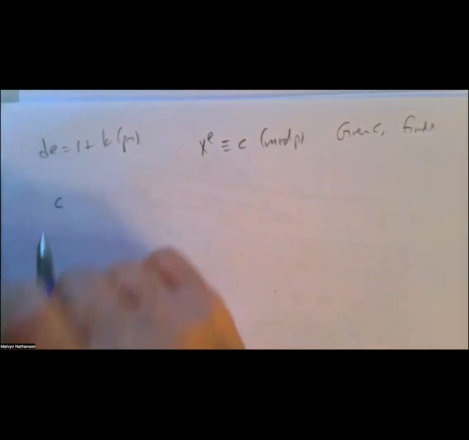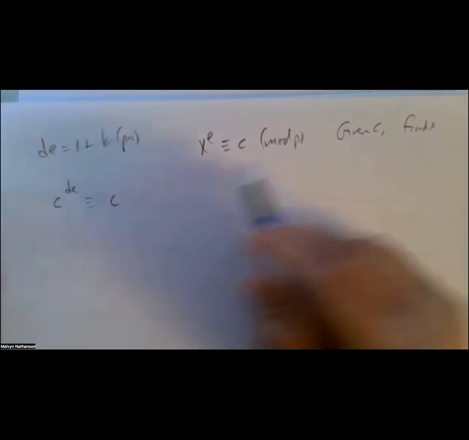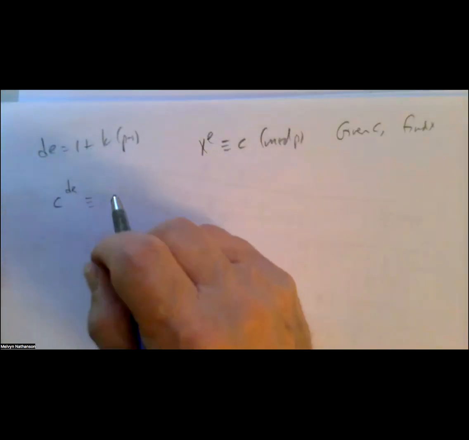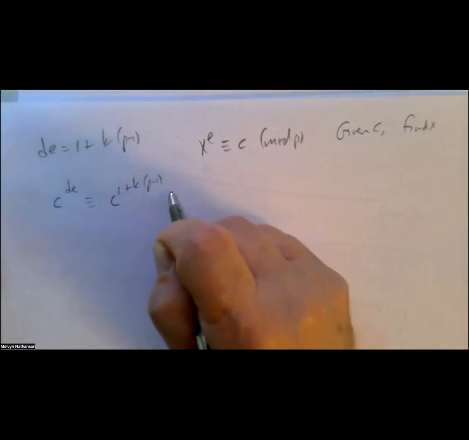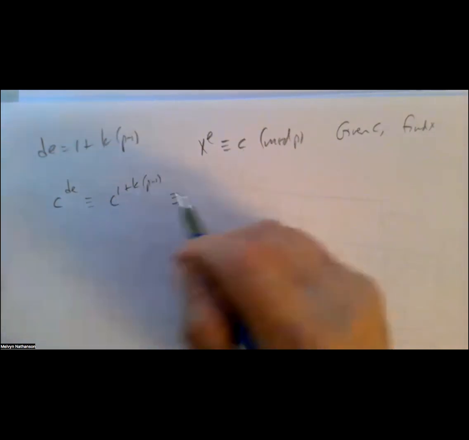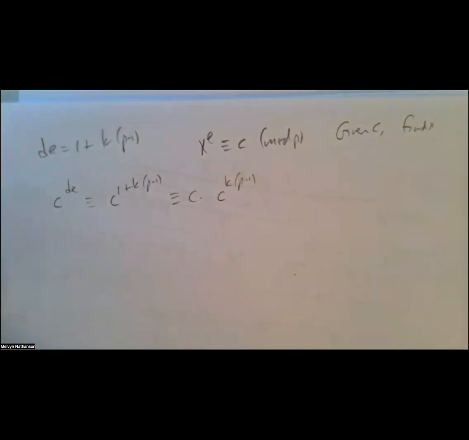So suppose I take C and raise it to the power D. So this is C. See, D times E is 1 plus K times P minus 1. This is C to the 1 plus K times P minus 1, which just by the rules of exponents is C times C to the K times P minus 1.